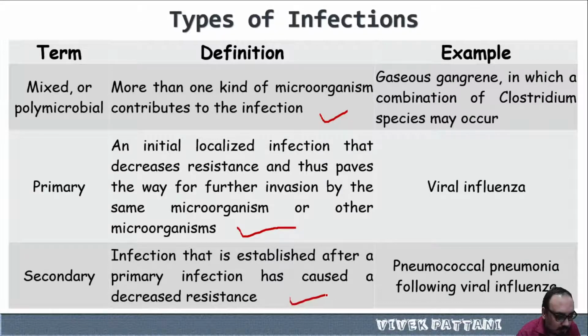Now the secondary infection is simply an infection which occurs after the primary infection, when the resistance or immunity has been decreased. The second infection which comes is called the secondary infection. An example is pneumococcal pneumonia following viral influenza.